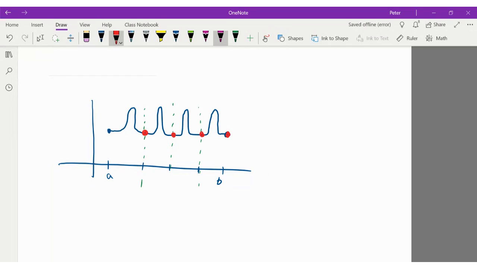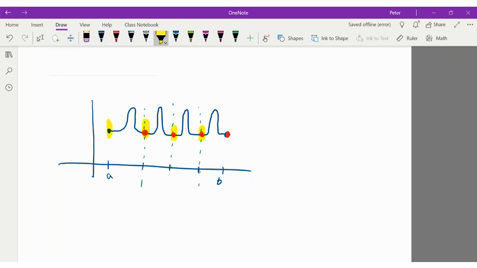And if I choose the left endpoints, the yellow highlighter shows what would happen if I pick the left endpoints, and the red dots show what happens if I pick the right endpoints.